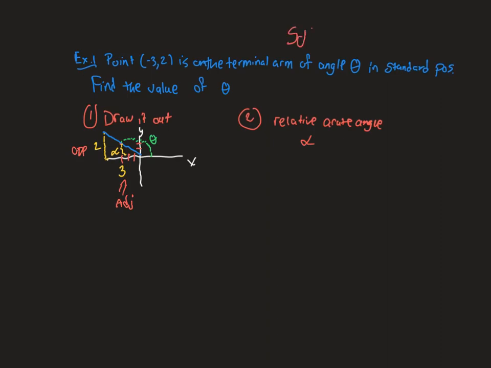So out of all of SOHCAHTOA, what uses adjacent and opposite? Well, SO uses hypotenuse, CA uses hypotenuse, so I cannot use SO or CA, which just leaves me with TOA. Okay?